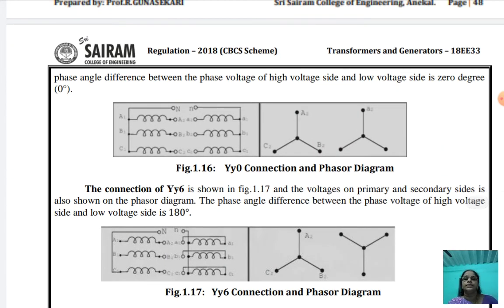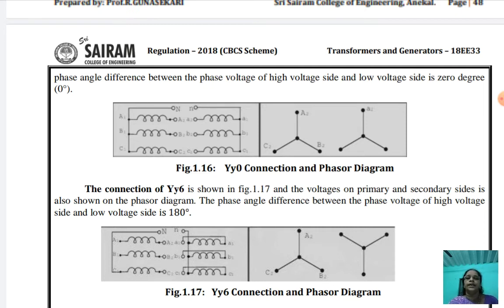Now you see the first group, YY0. The capital Y represents the primary winding, and the small y represents the secondary winding only. The 0 represents 0 degree phase shift. YY0 means a star connection with 0 degree phase shift.